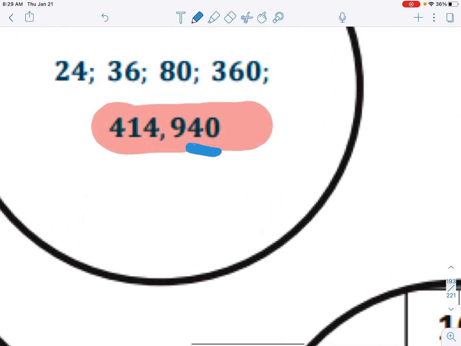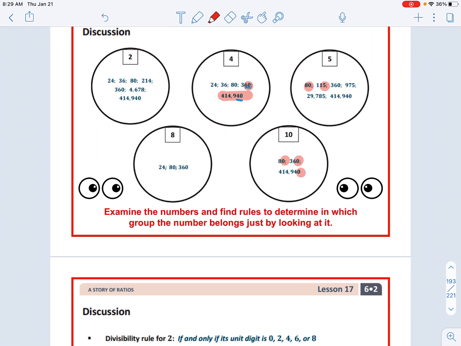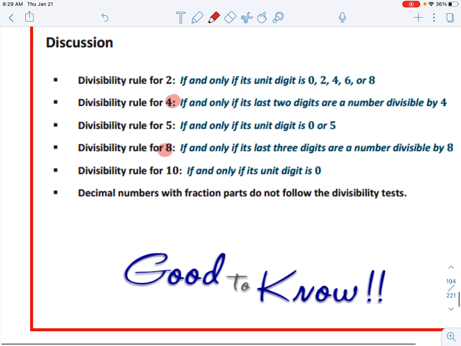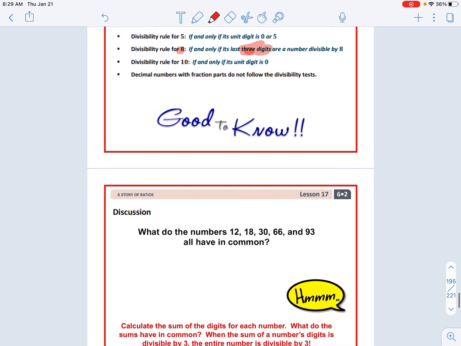For 360, the last 2 numbers are 60. 4 can go into 60 15 times evenly. So when you're looking for multiples of 4, look at the last 2 numbers, especially if it's a huge number. Now for 8, you're going to look at the last 3 numbers, and we're going to look at this more in depth in a bit.